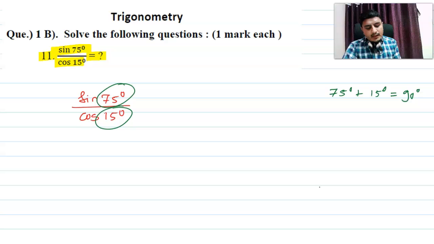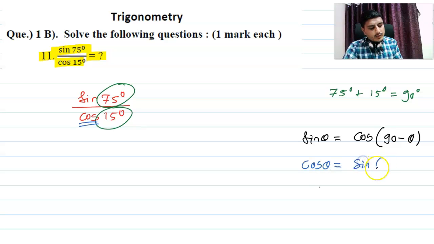Once we decide to convert sin theta in terms of cos theta, we can write sin theta in terms of cos theta using the complementary angle formula. We have sin theta equals cos of 90 minus theta. Once we decide to convert cosine in terms of sine, we can write cos theta equals sin of 90 minus theta as per the complementary angle formula.